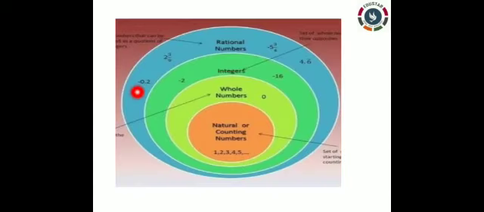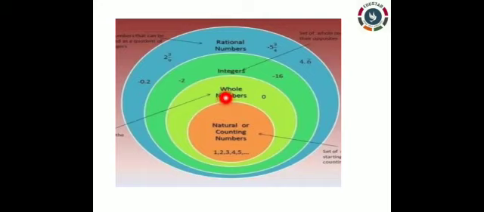Now look at this picture. Natural numbers, whole numbers, integers and rational numbers. Natural numbers start from 1 to infinity. Natural numbers are called counting numbers. Next one is the whole numbers.